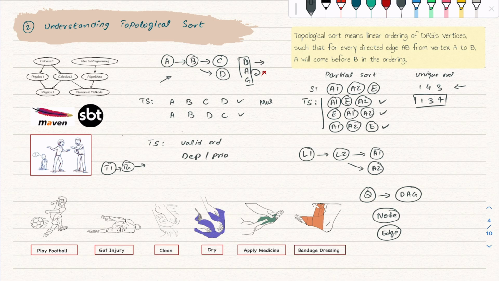Then you can start thinking, oh, I can make the DAG. If I can convert that, or they're asking for the linear ordering or topological sorting of those elements, then we will for sure use topological sort in those questions. Let's go for the next topic.